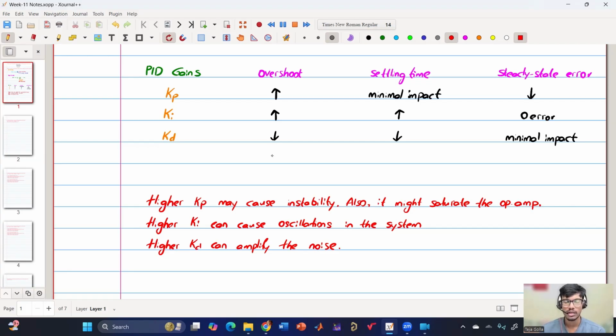So for that we have learned how to design the controller, and for designing the controller, a model is necessary. So that's why we have learned modeling. Then we have learned about the controller design, both using small signal and large signal. But say we have gotten the KP, KI, KD gains. Now if we implement in the actual plant, and we see that the response is not as per the simulation, because there can be unmodeled dynamics, and there can be some noise, or there can be some other issue in the hardware, like saturation, which we have not considered.